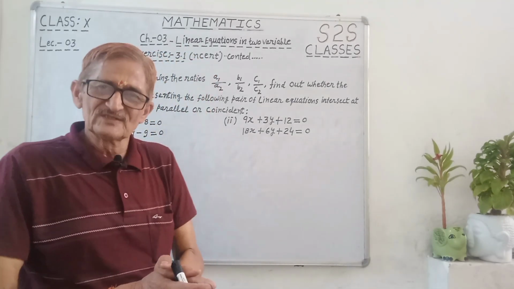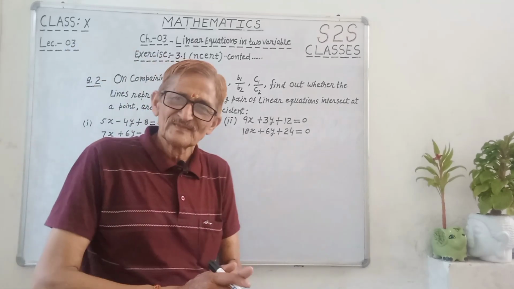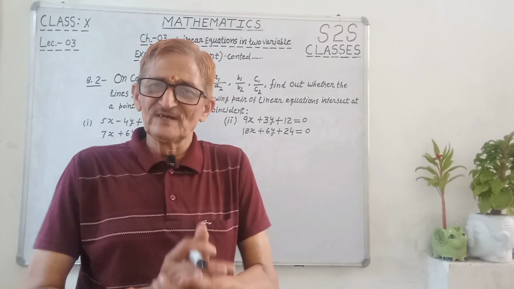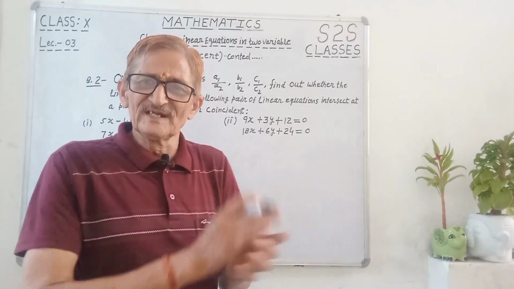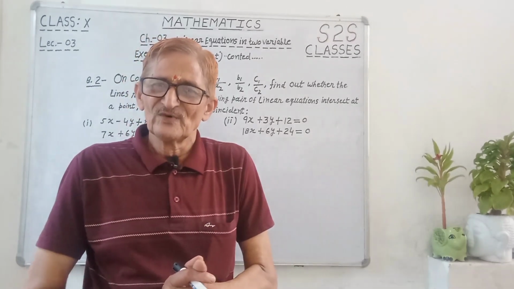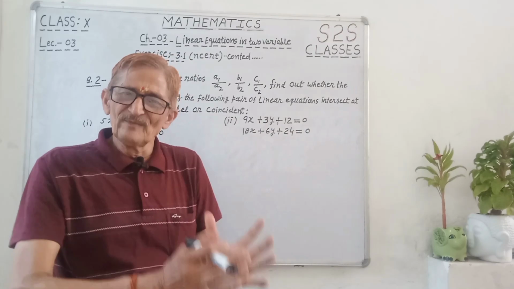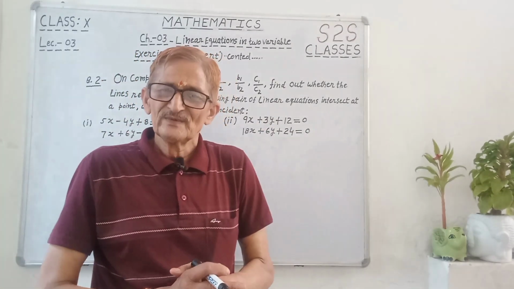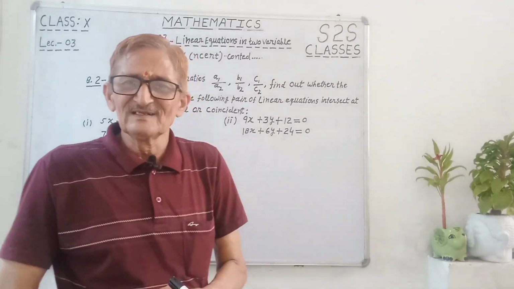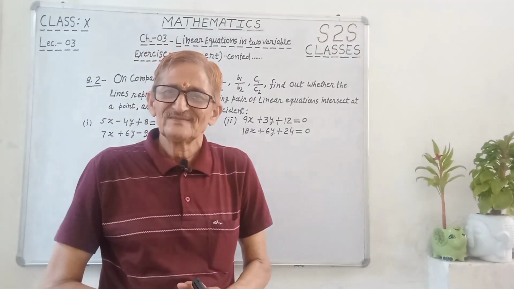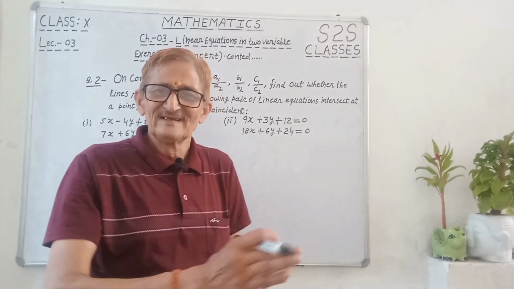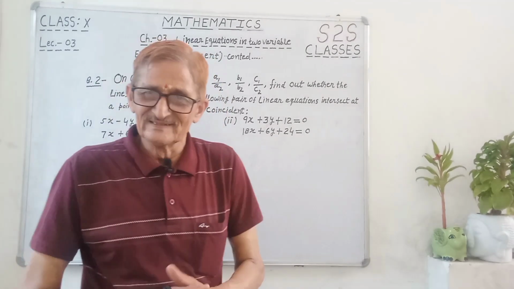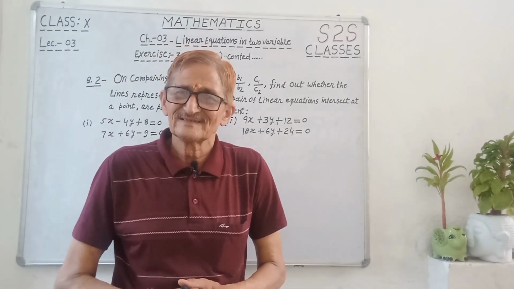Okay, this is the condition for parallel. For parallel, what is the relationship between their coefficient ratios? For parallel, if A1/A2 equal to B1/B2 but not equal to C1/C2, then we can say that the pair of linear equations are parallel lines.